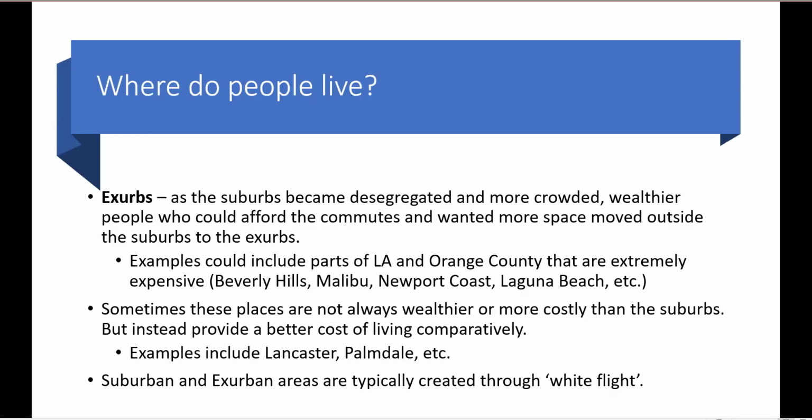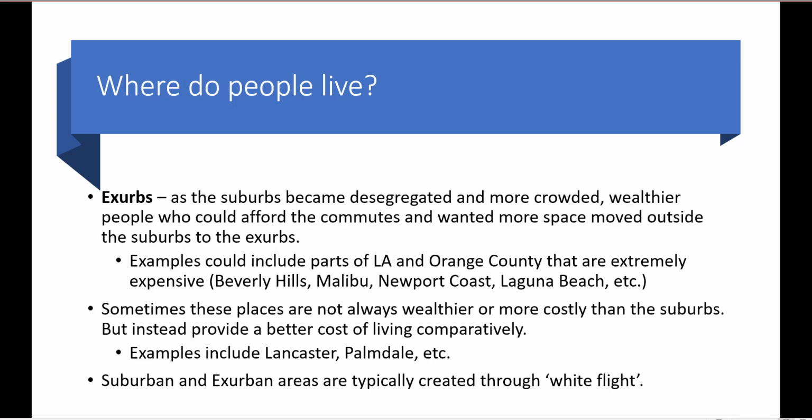We also have the exurbs. As the suburbs become desegregated and more crowded, as that population continues to grow and the city gets larger and larger, and the downtown central urbanized areas become larger, as LA grows and other things like that, wealthier people who can afford the commutes and want more space tend to move from the suburbs even further out to what are called the exurbs.